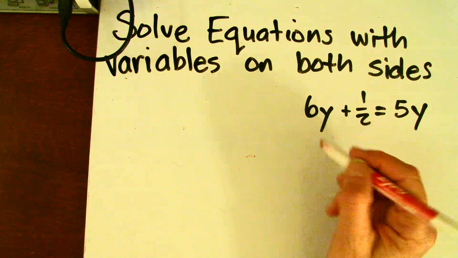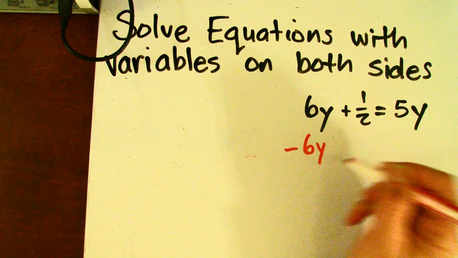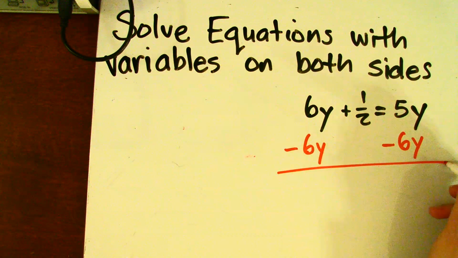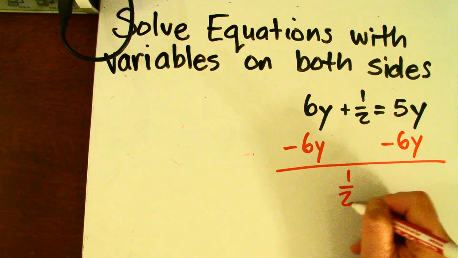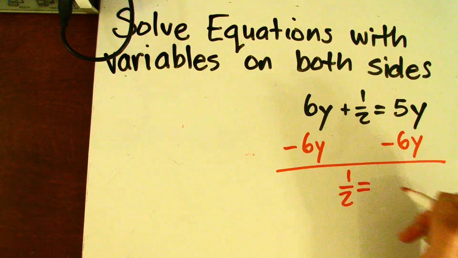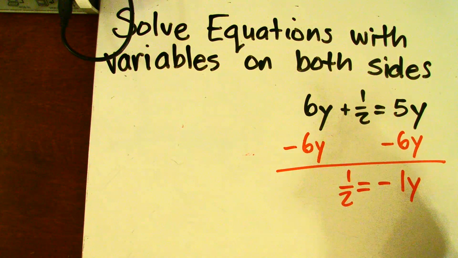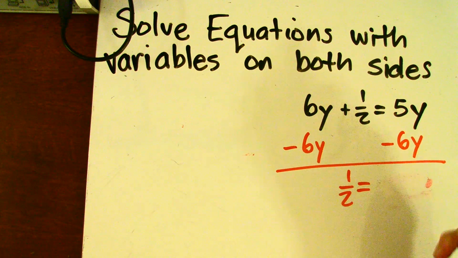Because this is a positive 6y, I'm going to subtract 6y from both sides. I'm going to be left with a positive 1/2 equals a negative 1y, or just a negative y.